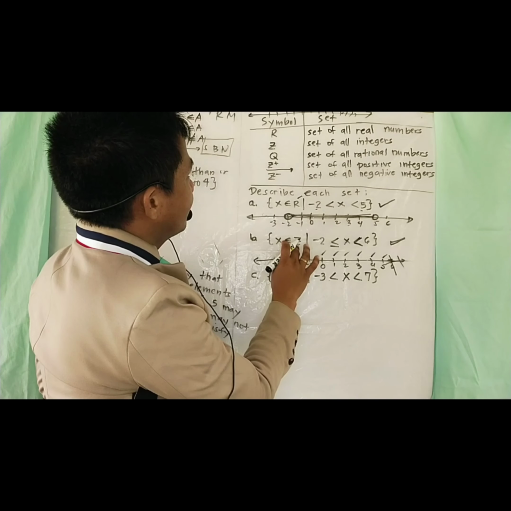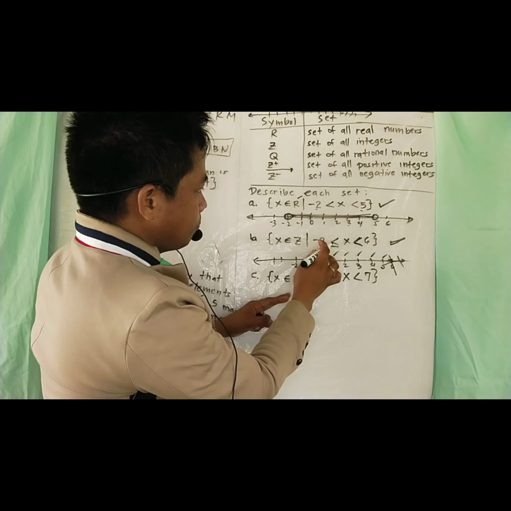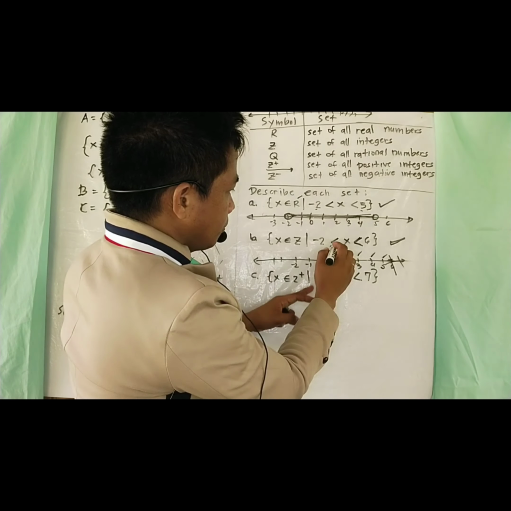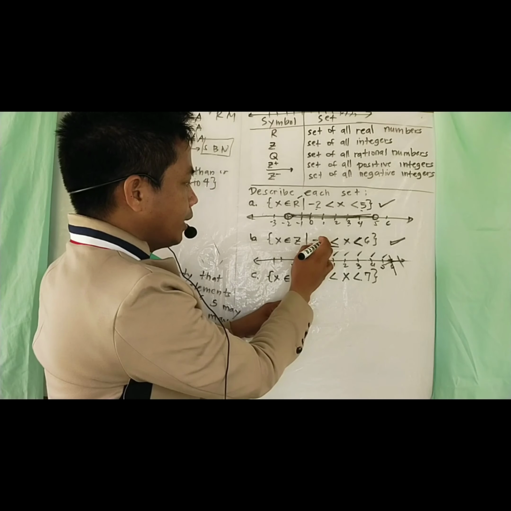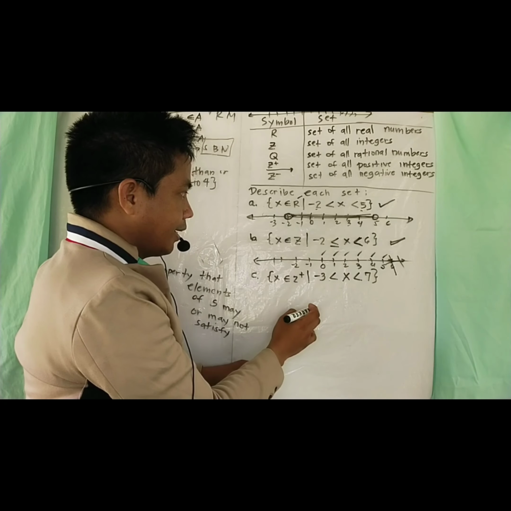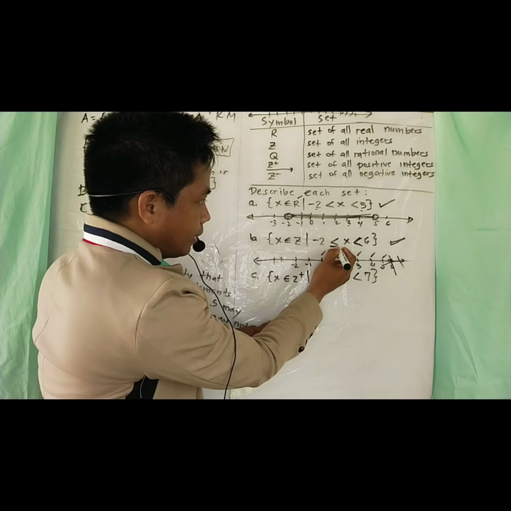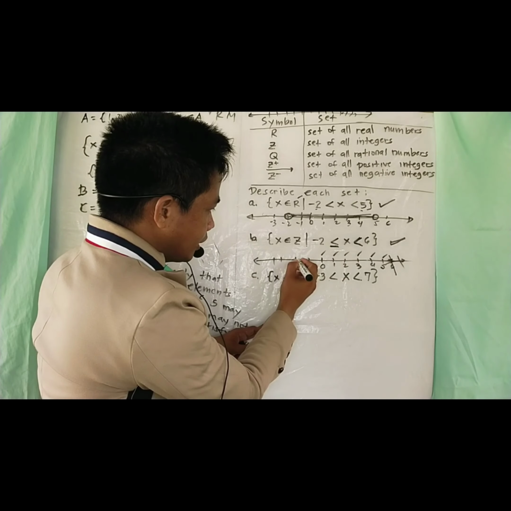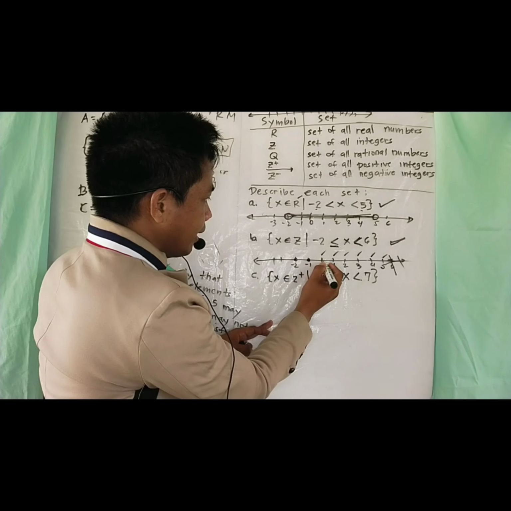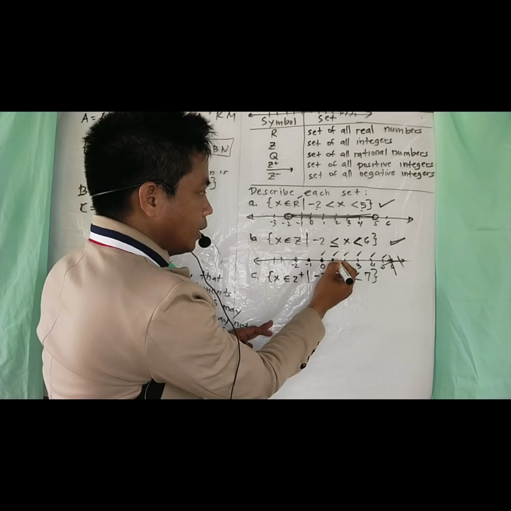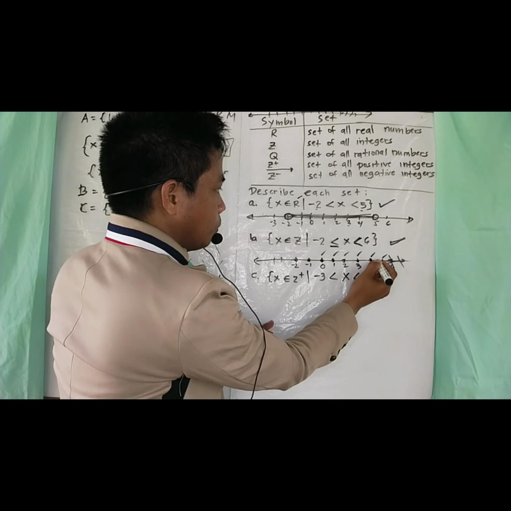But take note here that it must be more than or equal to negative 2. Negative 2 is included. We have here equal. So negative 2 is still part. Negative 2, negative 1, 0, 1, 2, 3, 4, 5.